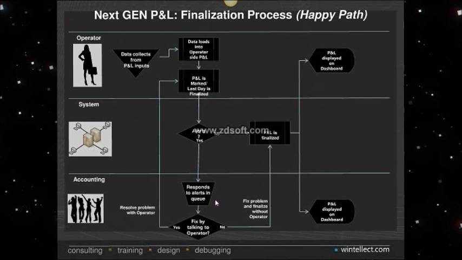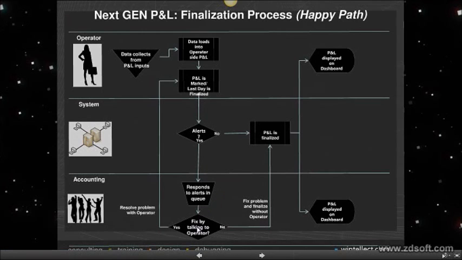So it will build a queue of these alerts, and then the accounting department will log into the system. Most likely they will call up the operator and say, okay, let's work through this. And if they fixed it, then they will send it back to the operator. The operator will again finalize it, and then it goes back into the system, and then hopefully there are no alerts.